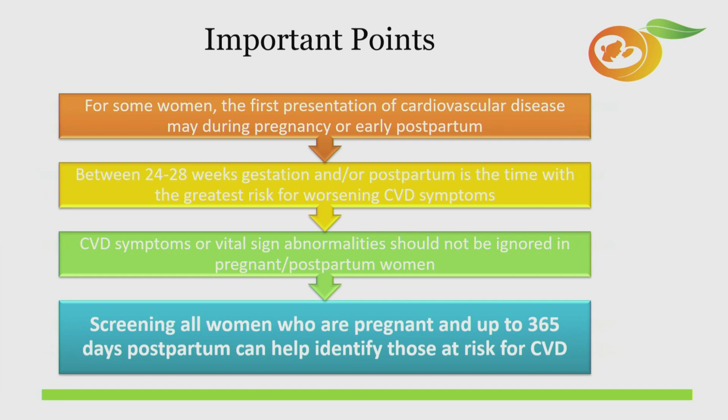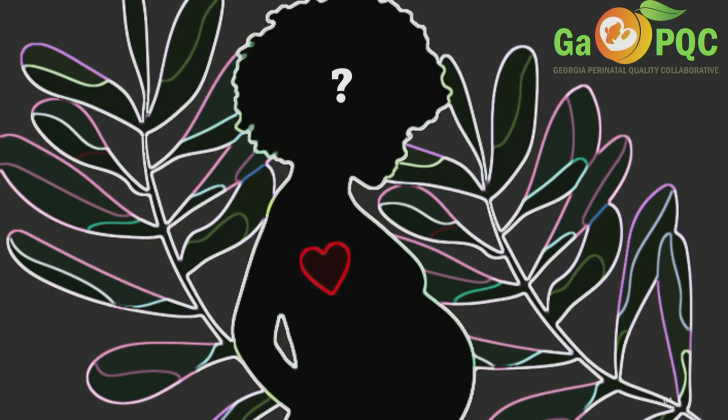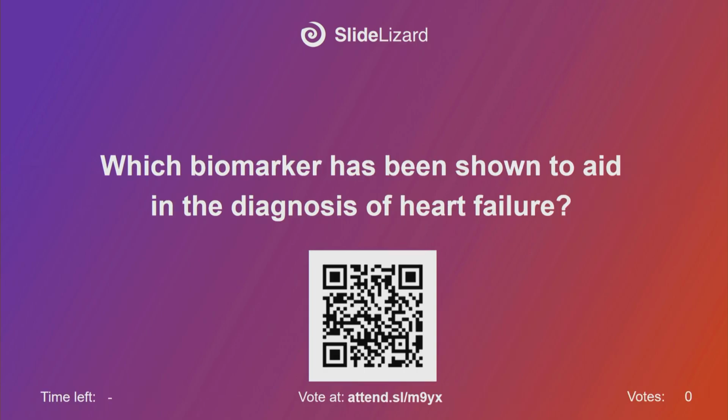We should always take abnormal vital signs or risk factors seriously in our pregnant moms. Don't fall into that trap of saying, well, yeah, it's because you're pregnant or because you just delivered. And the biggest one is that screening all women who are pregnant and up to 365 days postpartum can help identify those at risk. So with that, we have another question, and I'll pass it back over.